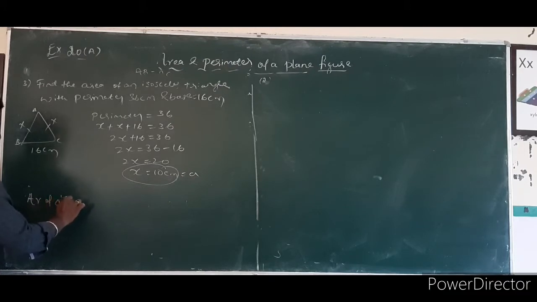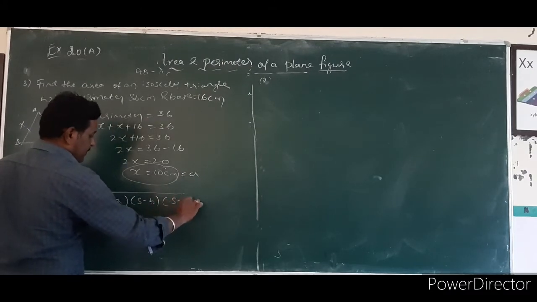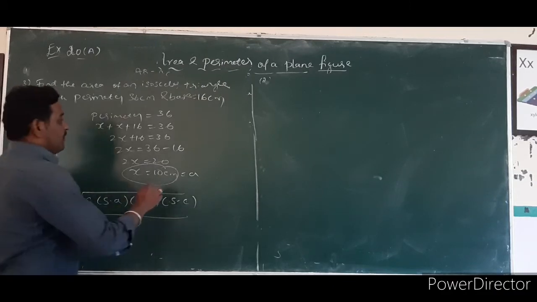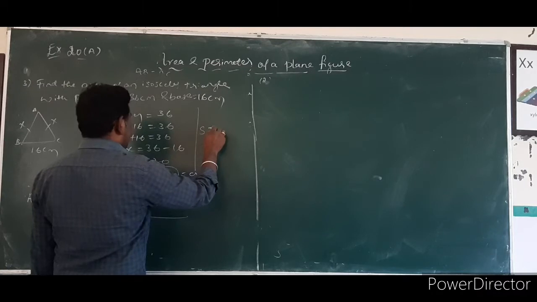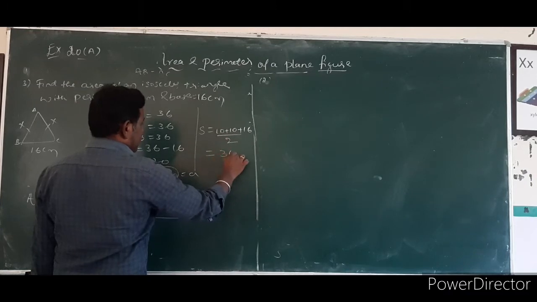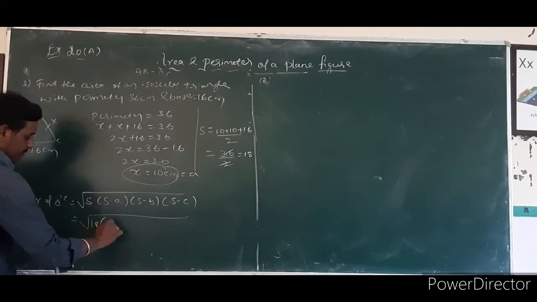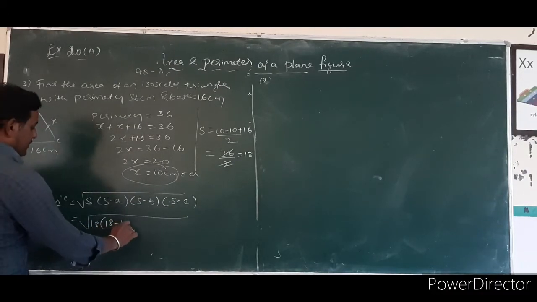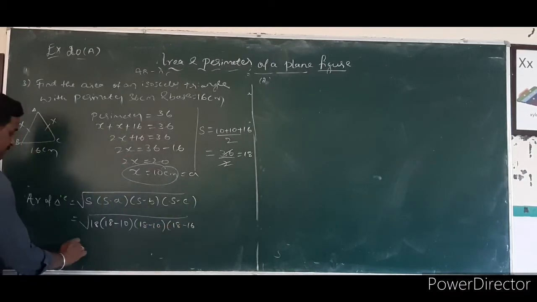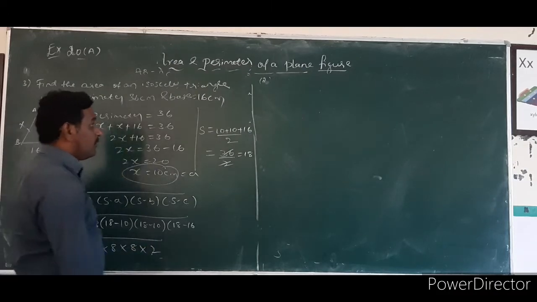Area of triangle is root of s into s minus a into s minus b into s minus c, where we have to find the s value. 10 plus 16 divided by 2, that is 36 divided by 2, 18. 18 minus 10, 18 minus 10, 18 minus 16, 8, 8, 2.